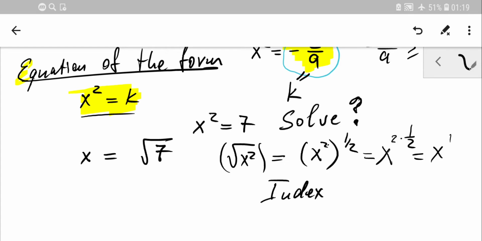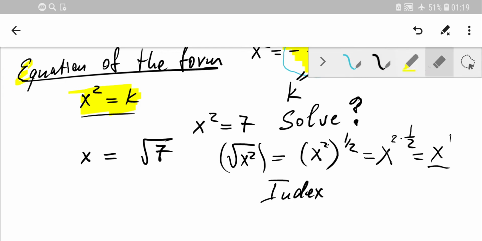But the problem is the following. You might have x as positive x as well as negative. Why? Because if you have negative x, squared is also going to be the same. So x squared will be positive. So actually, when you apply the square root to x squared, you'll get two possible answers, plus x and negative x.